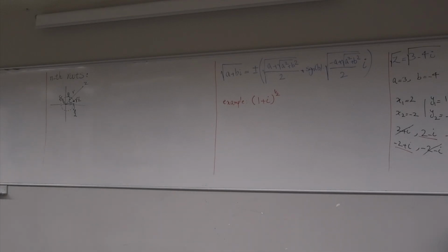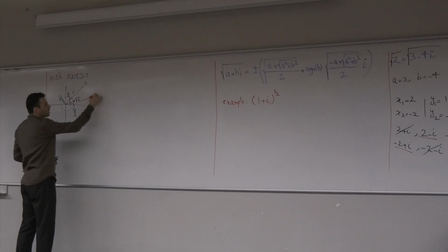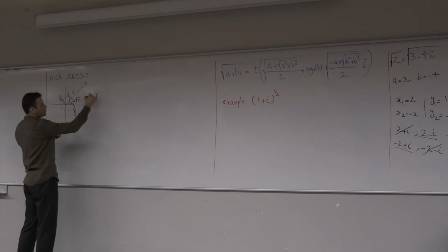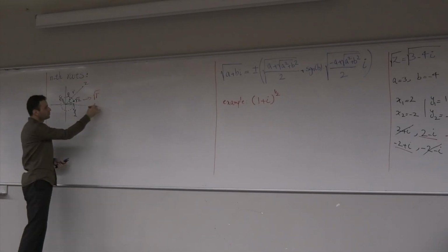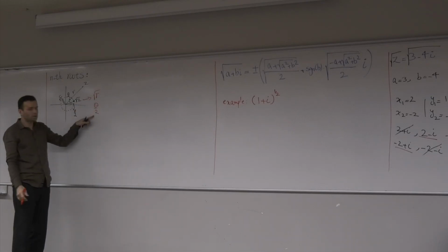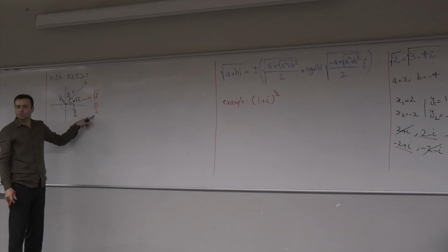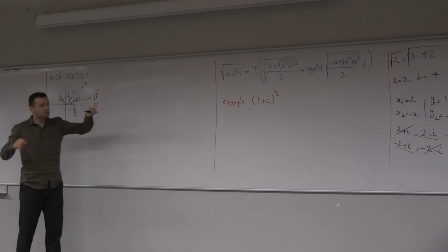Why? Let's look at it. What is this square root of z's r, or distance from the origin? Square root of r, right? What is its theta? What's this argument? It's theta divided by 2, okay? Now, if we want to multiply the square root of z by itself, what is going to be its distance?